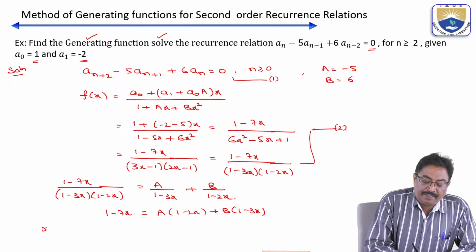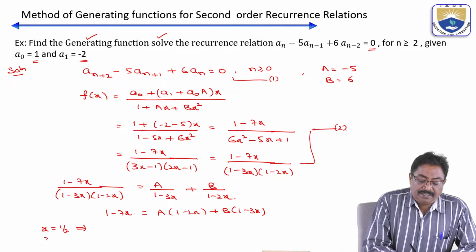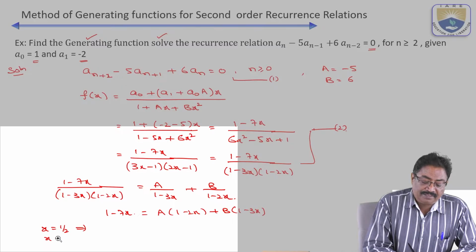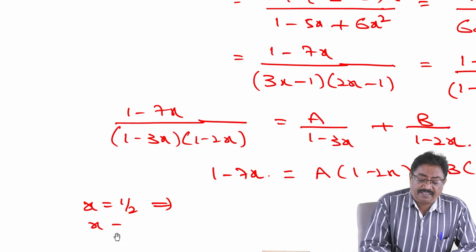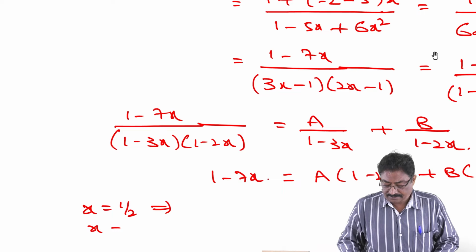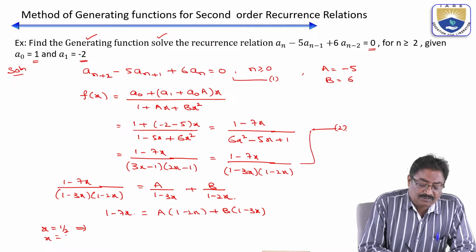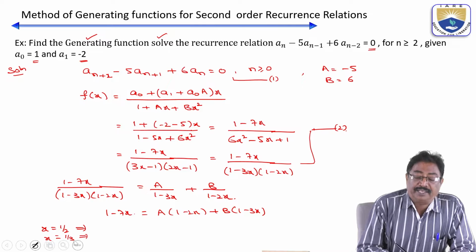By keeping x equals 1 by 2, I am going to get the B value. By keeping x equals 1 by 3, I am going to get the A value.